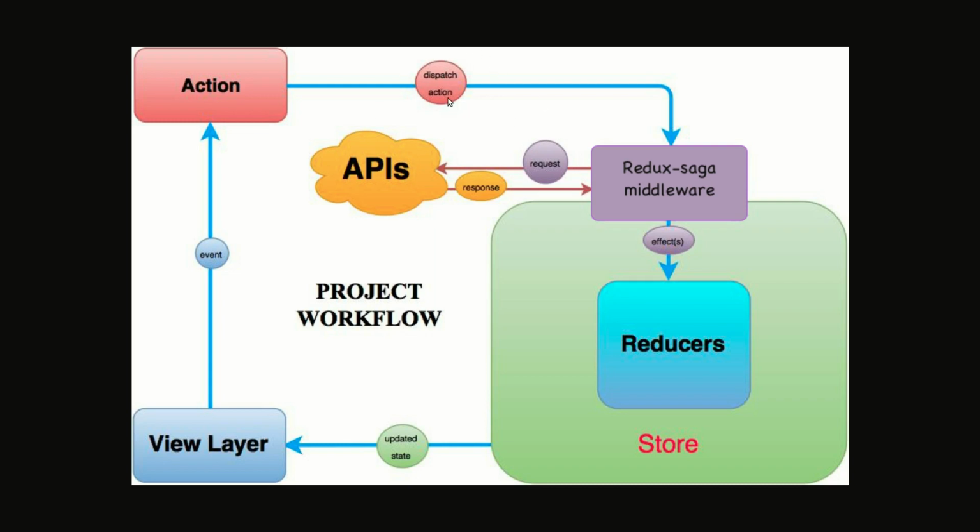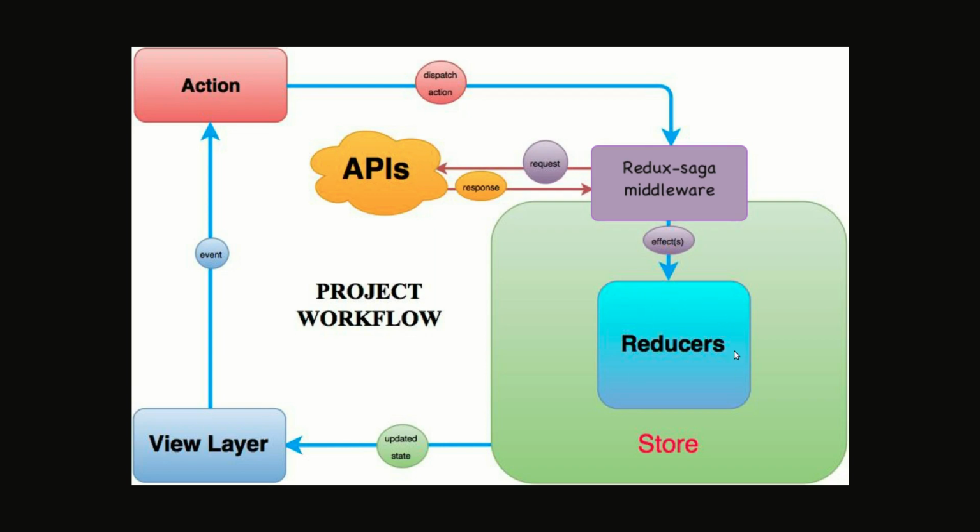What does this dispatch mean? It means that it calls a reducer. There in the reducer we define what state we need to manipulate in our Redux store. When an action is dispatched, it goes to the reducer, and according to the type of action that we defined in the reducers, it will perform some operation and change some value.